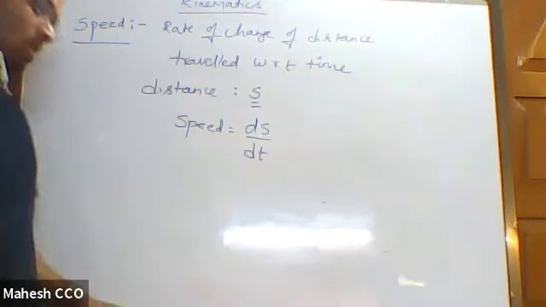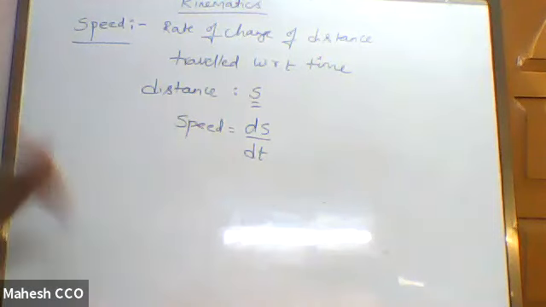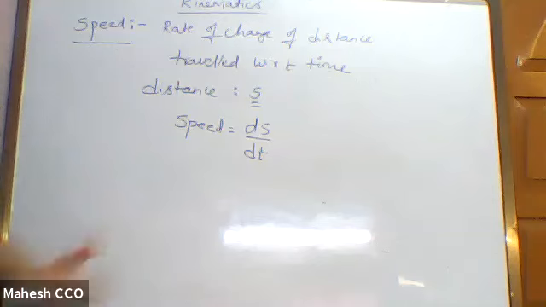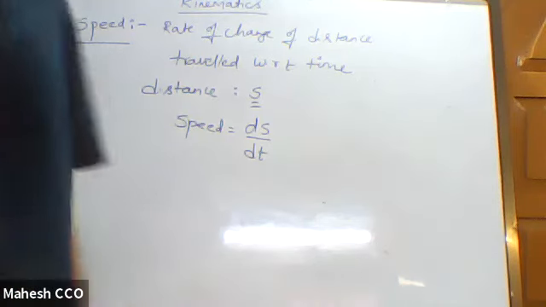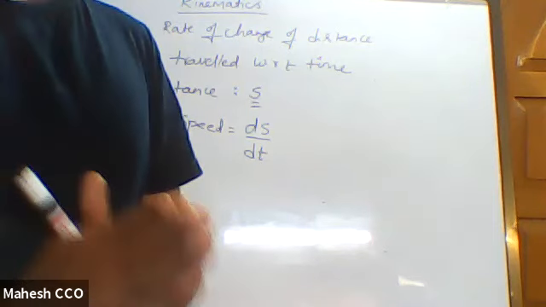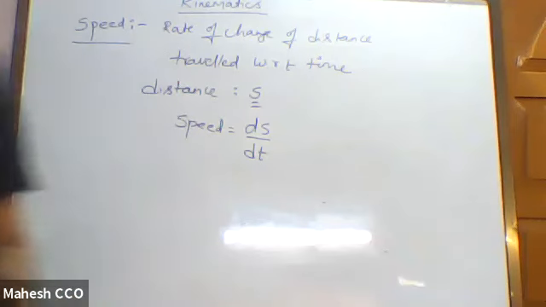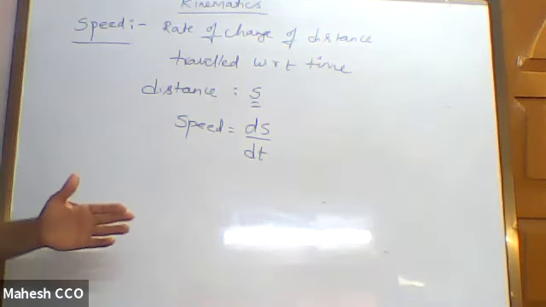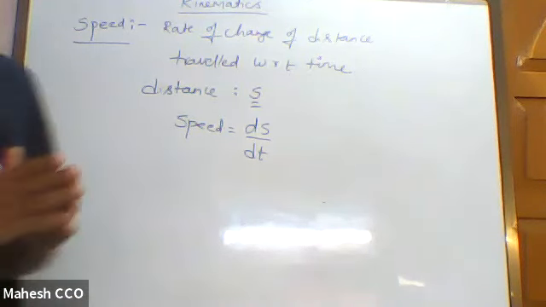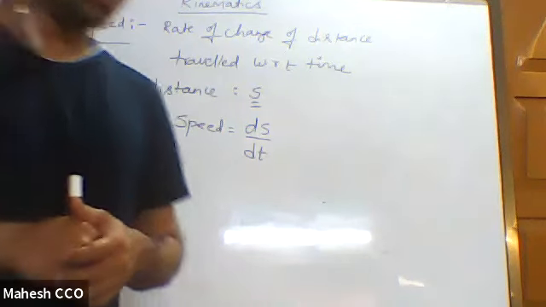The speed that we are talking about, you can talk about it at 10:30, at 11 o'clock, at 11:30. But if I want average speed, then you have to say what is the average speed during the interval 11 to 11:30, or during the interval 10 o'clock to 11 o'clock. That is how you can discuss average speed.